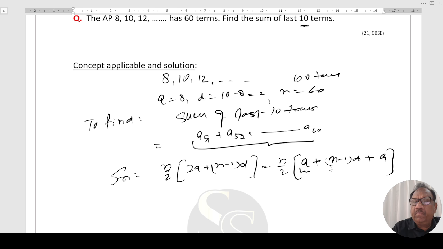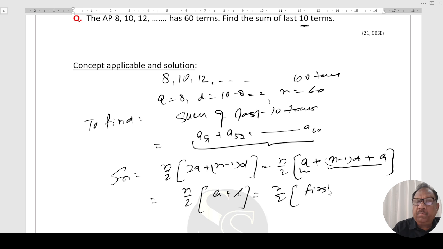This is the first term, this is the last term. That is n by 2, first term plus last term. So we will use this formula.